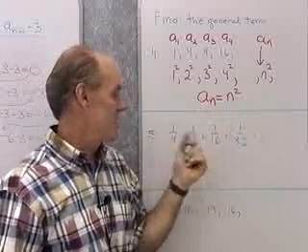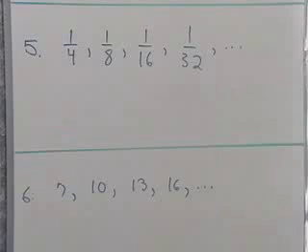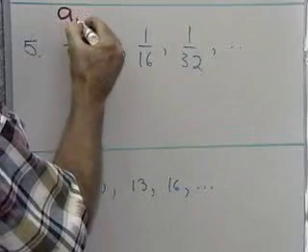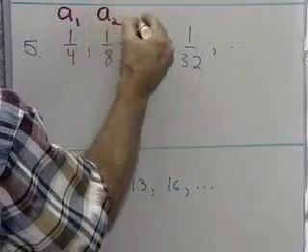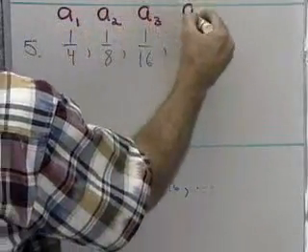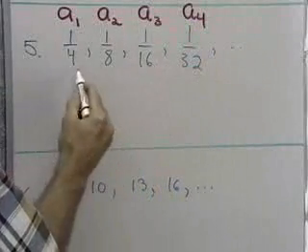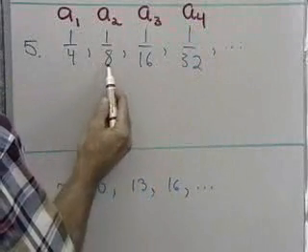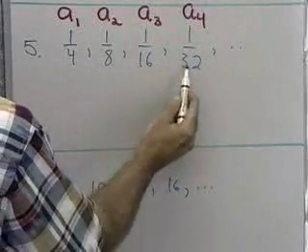Let's look at our next example here, example number 5. Example number 5, I have 1/4, 1/8, 1/16, and 1 over 32. Again, here are the term numbers, a sub 1, a sub 2, a sub 3, a sub 4. Now, if I look at this, this looks like 2 squared, 2 to the third, 2 to the fourth, 2 to the fifth.